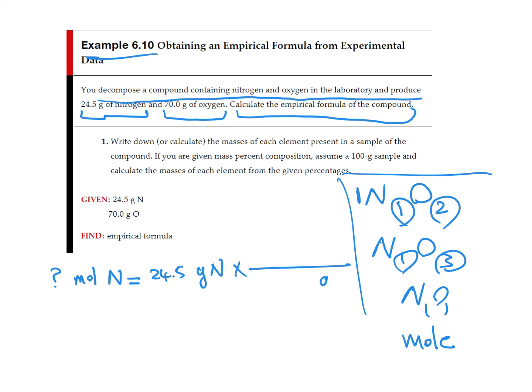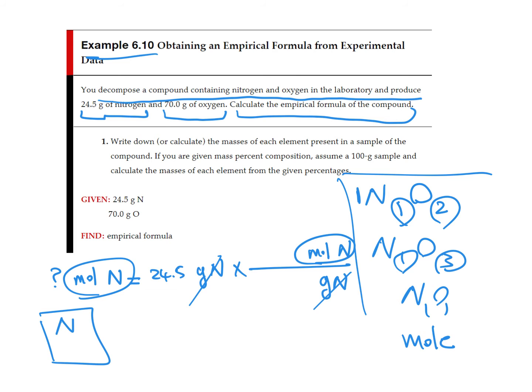So gram goes in the denominator, and moles in the numerator, because this is what you want to find. As your friend mentioned, you go to the periodic table and find nitrogen, which is 14.01, right? So this is grams per mole. It means that 1 mole of that has this much mass. Is that clear to everyone? Good.